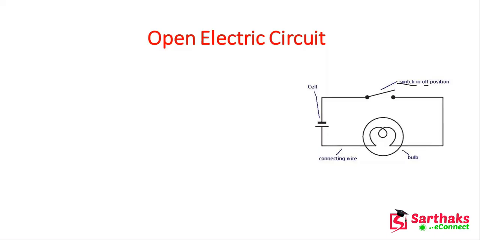Here a cell is connected, the connecting wire is also here, and a bulb is also there. The open electric circuit is an electric circuit through which no electric current flows, because the key is open and there is a breakage in the connecting wires.